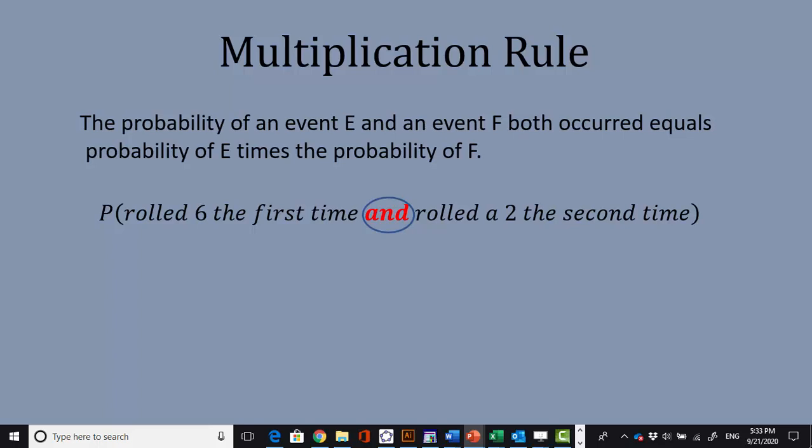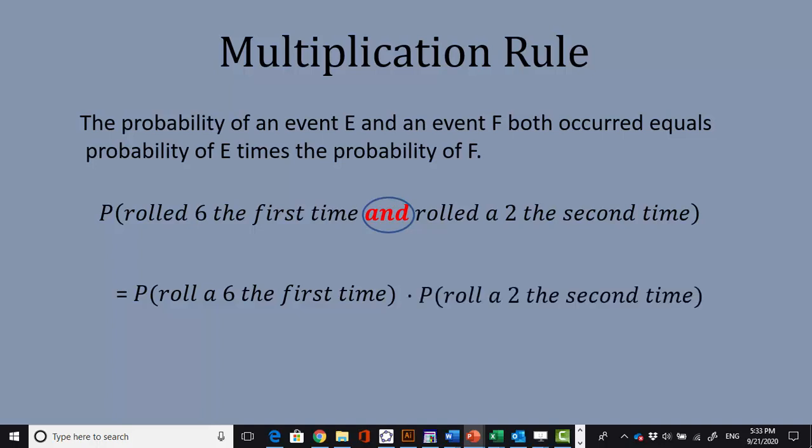The probability of rolling a 6 the first time and rolling a 2 the second time equals the probability of rolling a 6 the first time, which is 1 out of 6, times the probability of rolling a 2 the second time, which is also 1 out of 6. The answer is 1 out of 36. So this result is consistent with the answer we got using the theoretical probability formula.